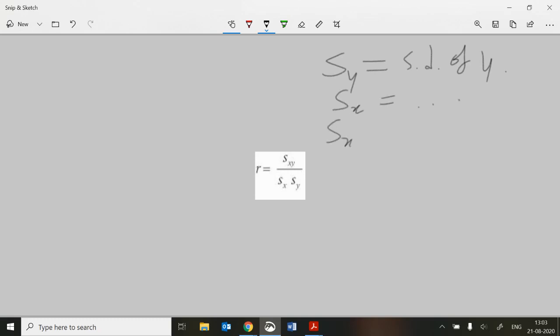Then what's this thing here? Well, this thing is our covariance. We need to look at the formula for this.